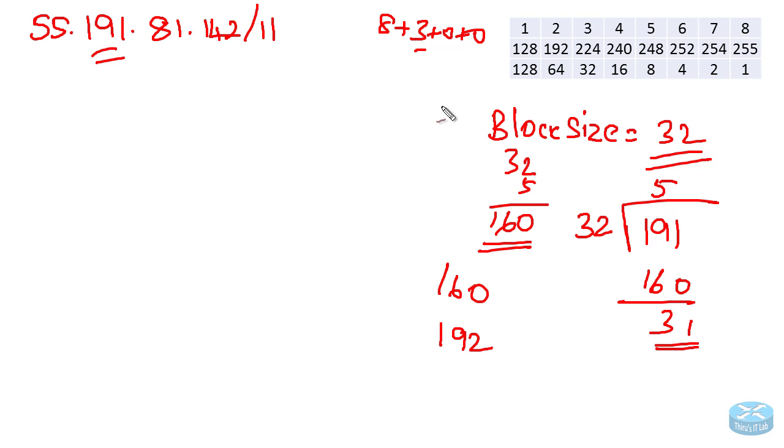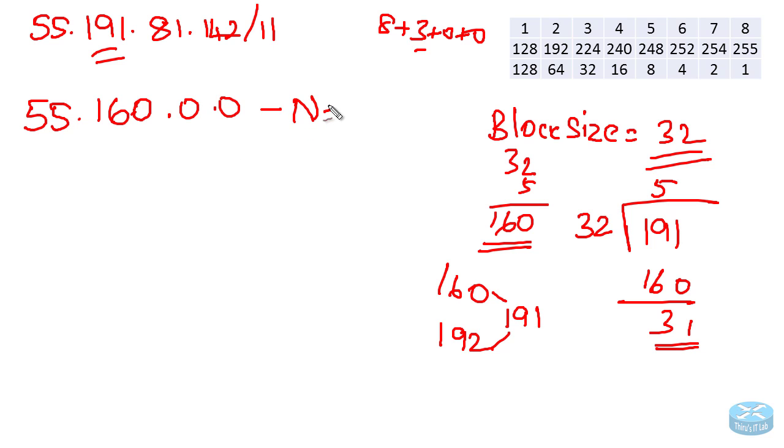So 191 lies between 160 and 191. So now it's 55 dot 160 dot 0 dot 0. This is the network address.